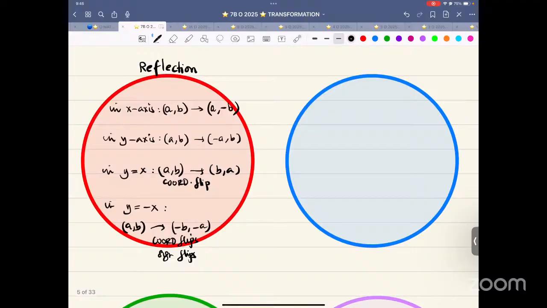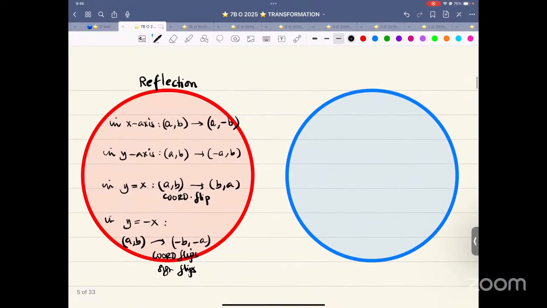Now, when we talk about rotation, and the center of rotation is the origin: if it's 90-degree clockwise, (a, b) will become (b, negative a).